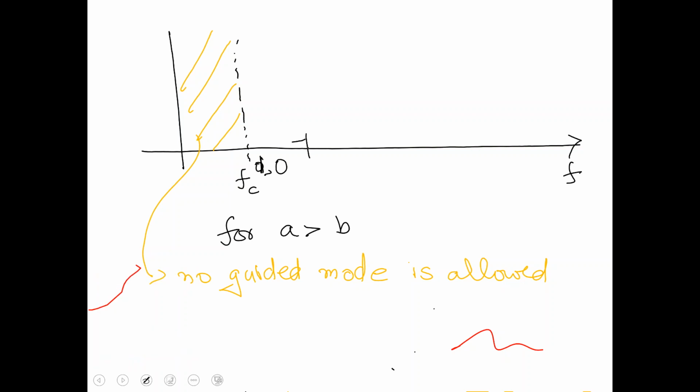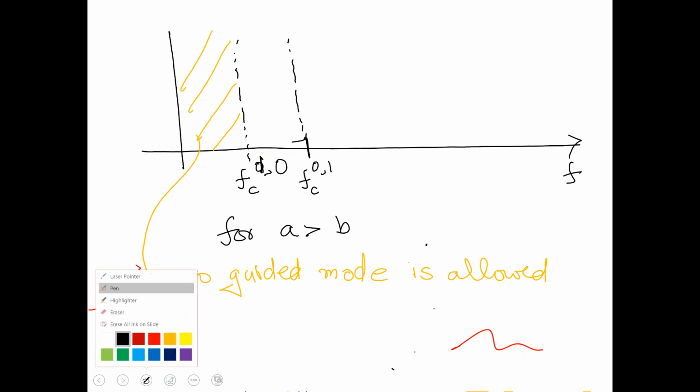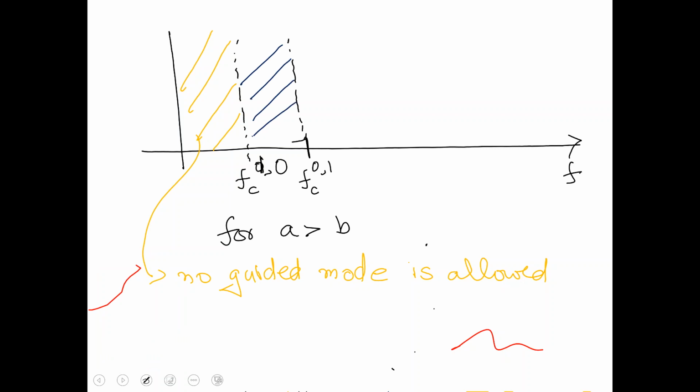If I go to another mode now, I'm going to get fc01 present there, and this is where the second mode can exist. Now what happens is in the shaded region here, only TE10 exists.